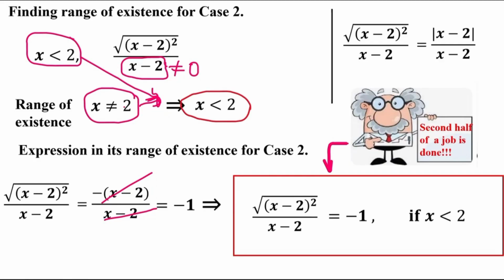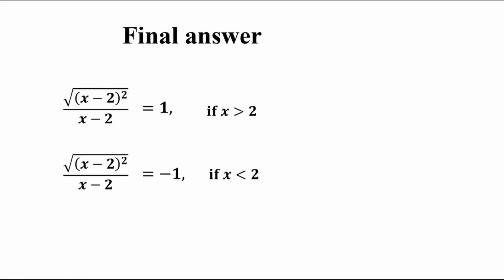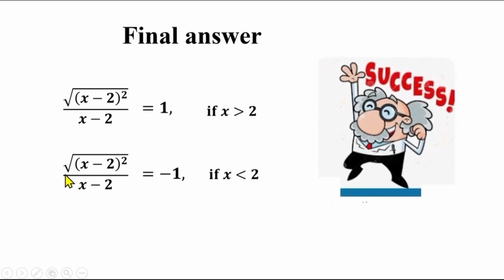Let's formulate the final answer. It is here. And just draw your attention that here there is no point x equal to 2. We eliminated this point because it is not included in the range of existence of the left-hand side of these two equations.